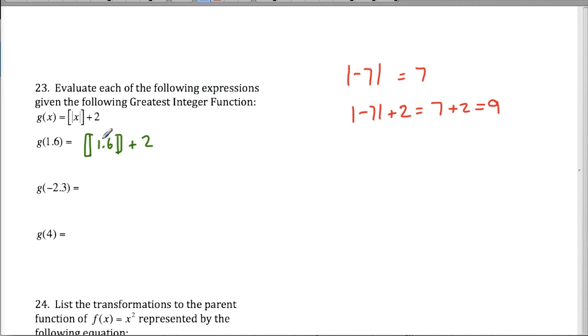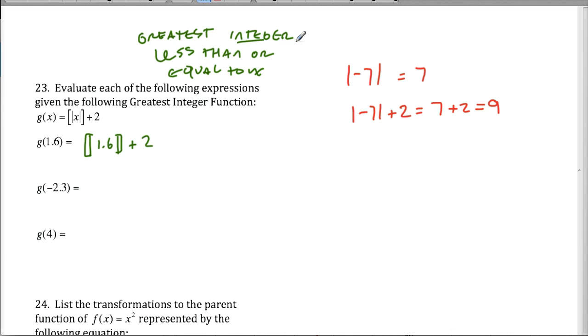So here I'm taking the greatest integer function of 1.6. Remember, the greatest integer function was defined as the greatest integer that was less than or equal to x, right?